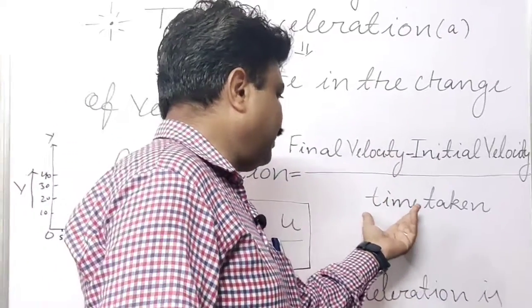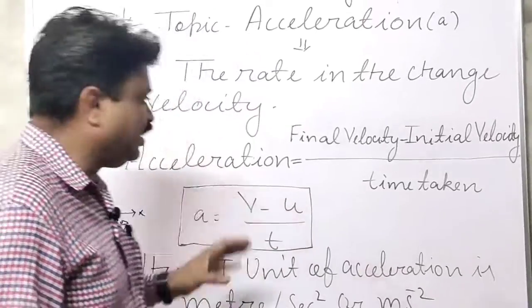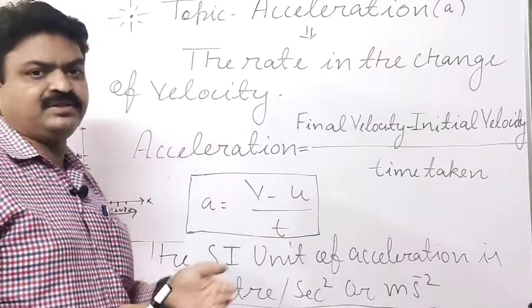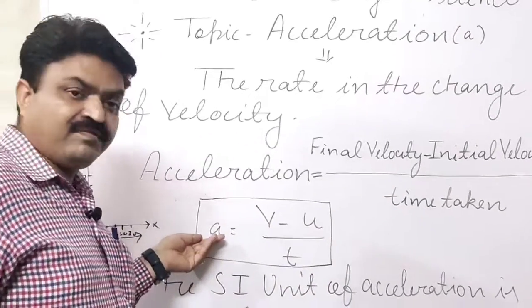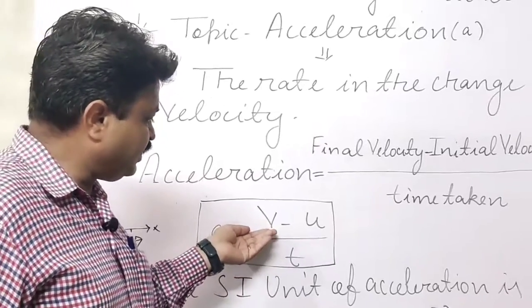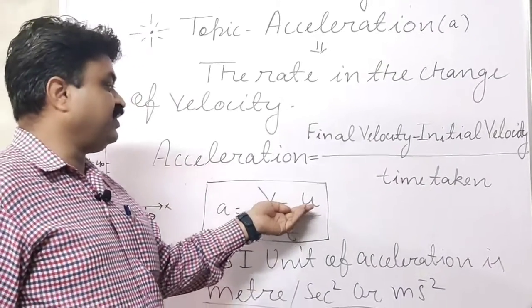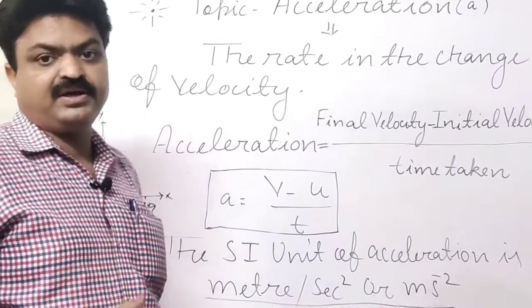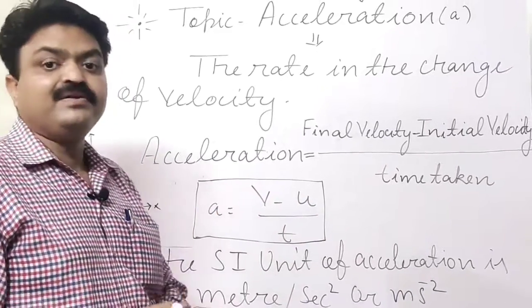The formula that we use is A equals V minus U upon T. A is for acceleration, V is for final velocity, U is for initial velocity, and T is for time taken, or the time period in which the change in velocity takes place.